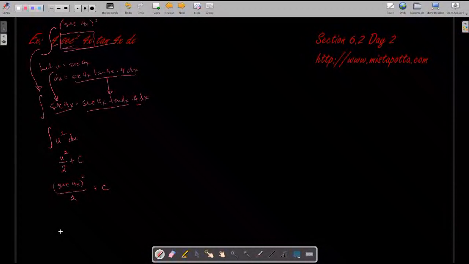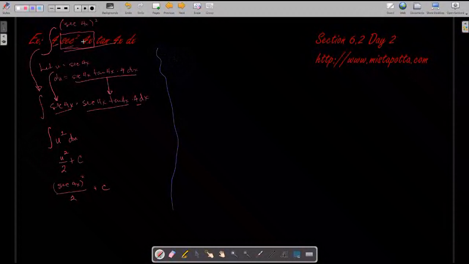Now, this is one way that I could have approached it, but there is a completely different way that's perfectly legitimate to look at. If instead of looking at this secant squared, I thought to myself, I know that the derivative of tangent is secant squared.